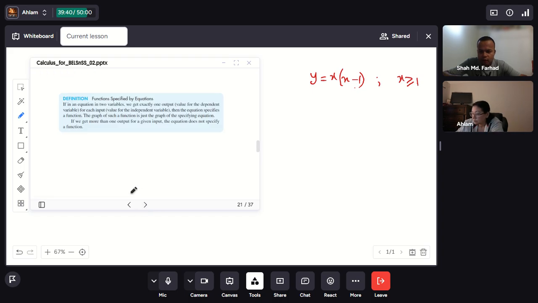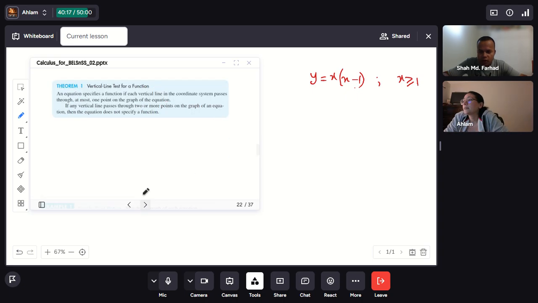And here is the definition of a function in terms of an equation. That means if we get exactly one output value for each input, the same condition we have already discussed.